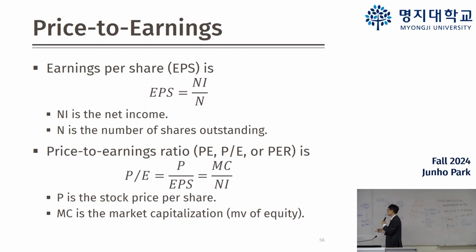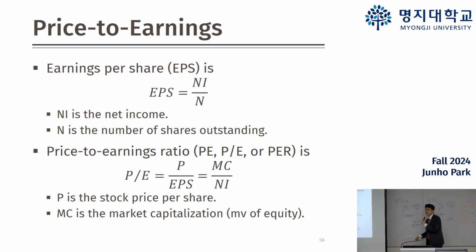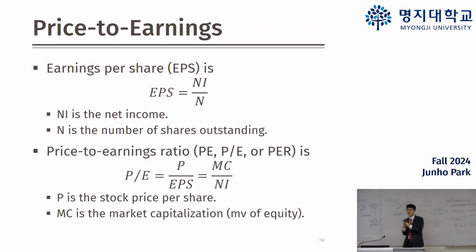And the second problem is that it does not talk about the enterprise value or the debt value. It just talks about the market value of equity. It just directly talks about the stock price. So the concern is that we can have the following situations. We have similar companies with different levels of debt.